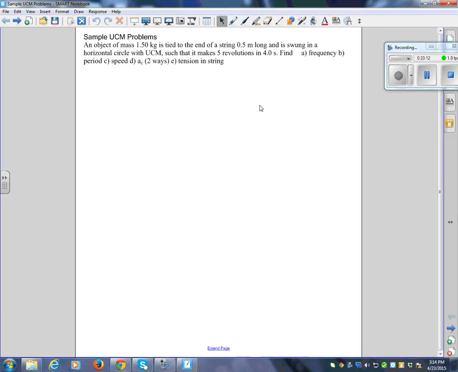Sample number 1. An object of mass 1.5 kilograms tied to the end of a string 0.5 meters long and swung in a horizontal circle with UCM such that it makes 5 revolutions per second. Find the frequency, period, speed, the centripetal acceleration, and the tension in the string. I have not yet talked about frequency. What does frequency mean? How often?